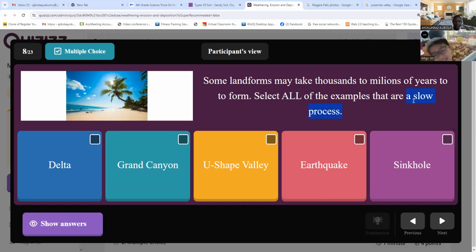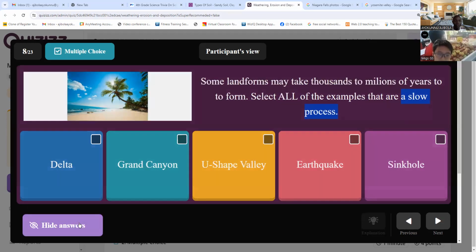What are we looking for? A slow process. Earthquake and sinkhole are not slow processes, so we could not pick those. We could pick between delta, Grand Canyon, and U-shaped valley.